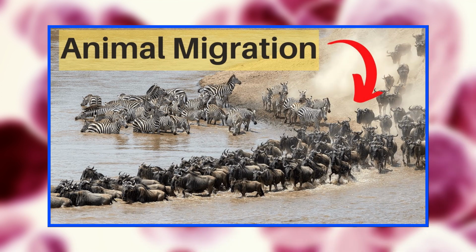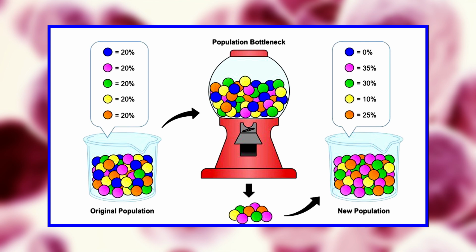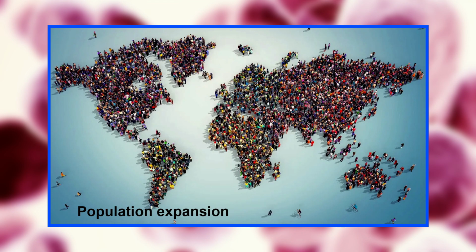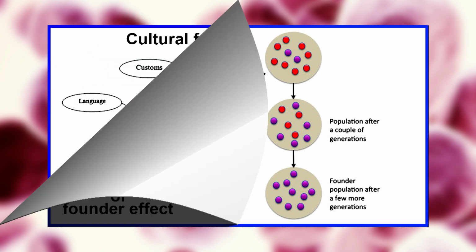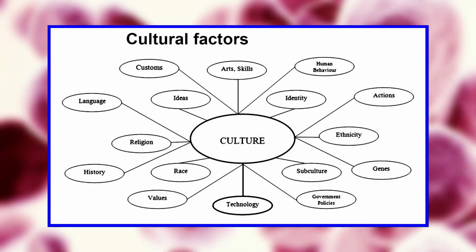Other causes include gene flow from migrations, population bottlenecks and expansions, founder effects, evolutionary pressure, random chance, and in humans cultural factors as well. Even in lieu of these factors, individuals tend to stay close to where they were born, which means that alleles will not be distributed at random with respect to the full range of the species.